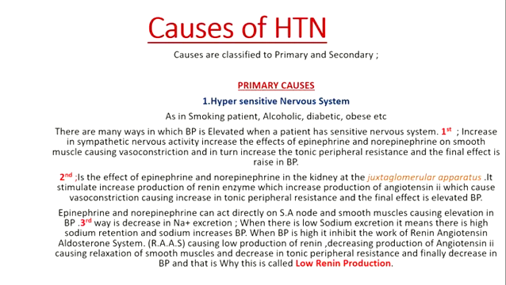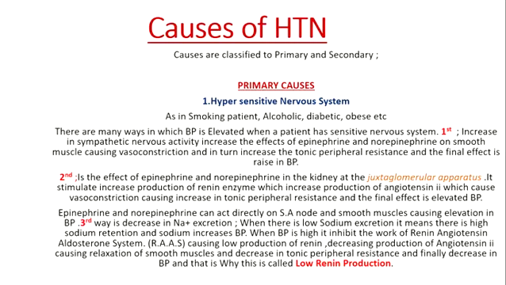The effect of norepinephrine or epinephrine in the kidneys specifically affects the juxtaglomerular apparatus. The juxtaglomerular apparatus is a site that regulates the blood pressure of a person in the body. So when there is an increase in epinephrine and norepinephrine, it stimulates the juxtaglomerular apparatus to stimulate the production of the renin enzyme.